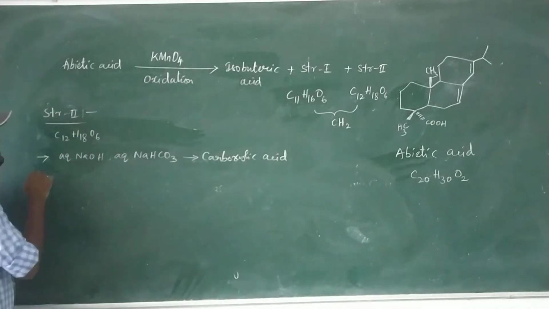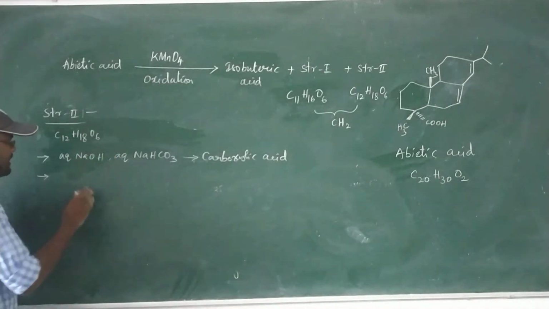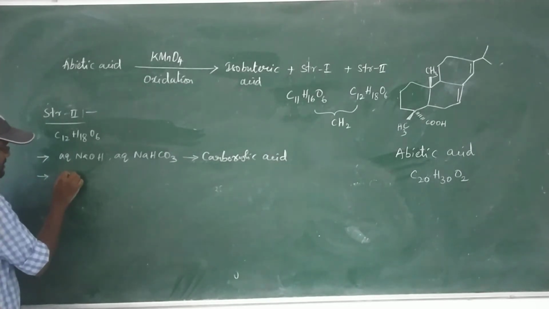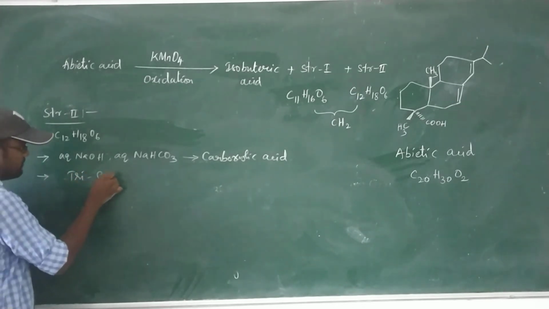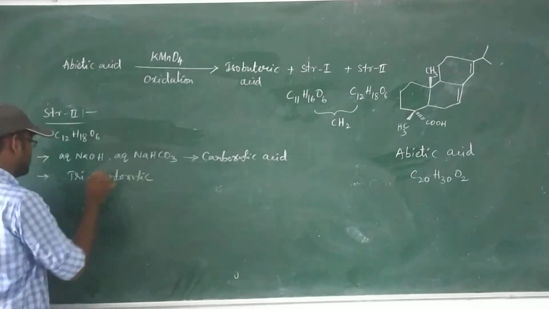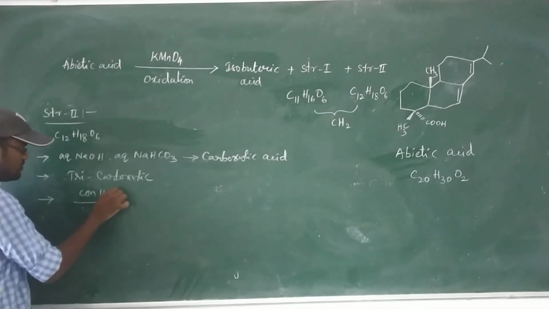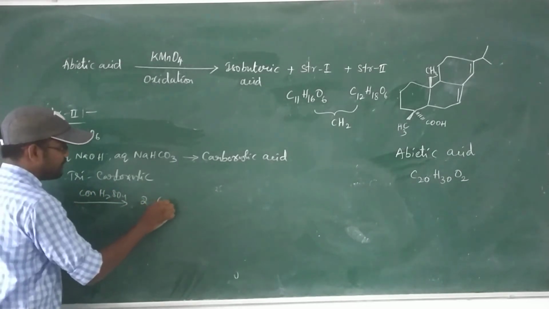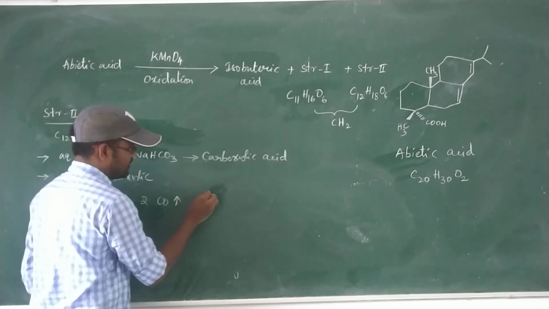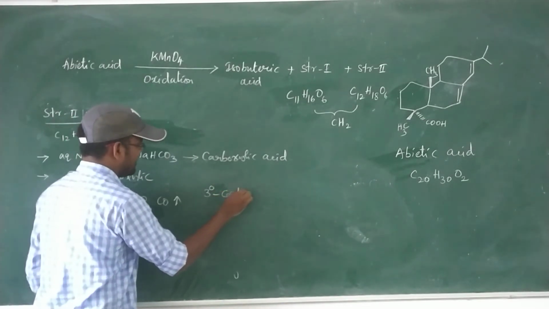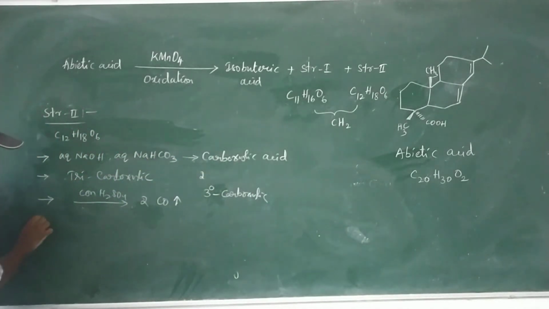Next, structure 2 also consumes 3 moles of ethanol or methanol to convert to a triester. That clearly indicates that structure 2 also has 3 carboxylic parts, so it is a tricarboxylic acid. When structure 2 is treated with concentrated H2SO4, it releases 2 moles of carbon monoxide, which clearly indicates that it has 2 tertiary carboxylic parts, and it is optically active.